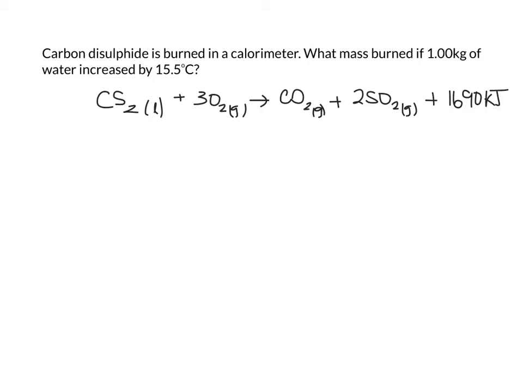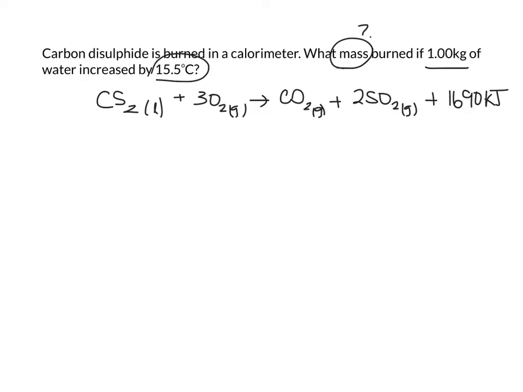It's getting burned, so it's a combustion reaction. But it says what mass. So we don't know how much was burned, but we do know the mass of the water and the temperature change of the water. So we're missing a key piece of information.